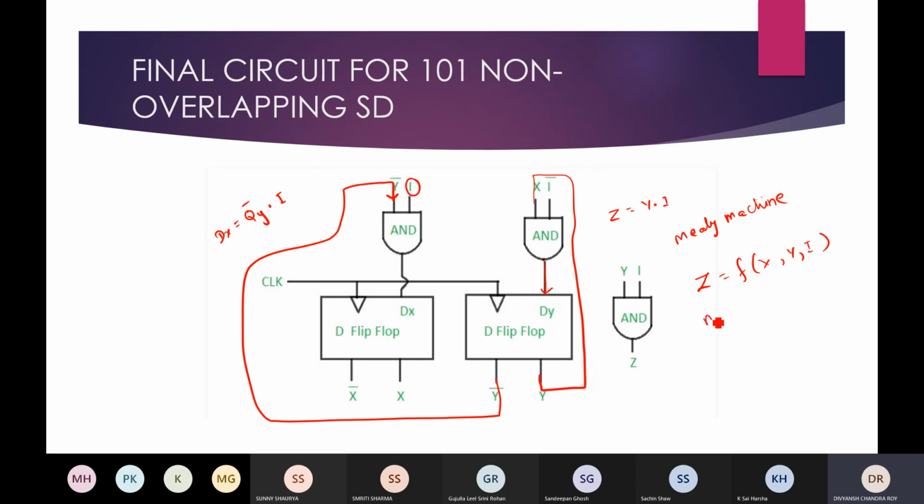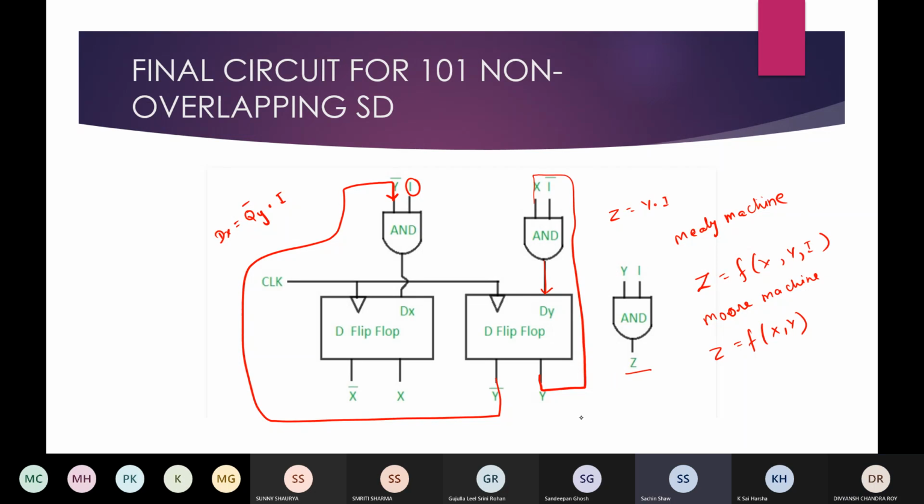This is for the Mealy machine, while for the Moore machine, z is a function of only the present state of the flip flops, like only x and y. Now can you tell me, is this a Mealy machine or a Moore machine? See here, z is a function of y and I, so it is a Mealy machine.